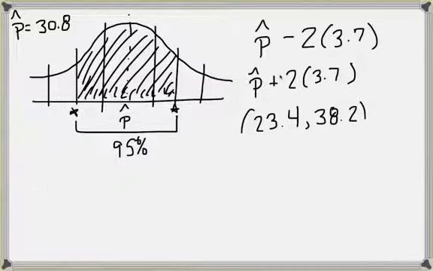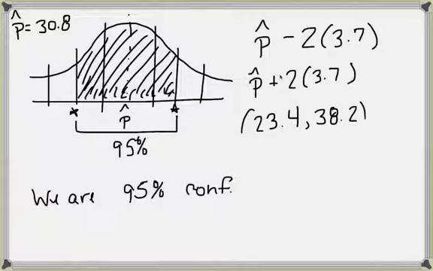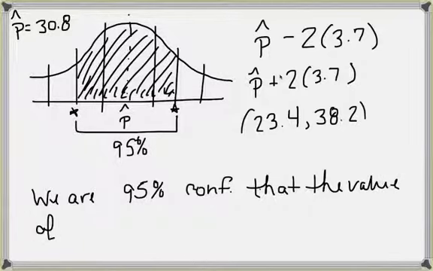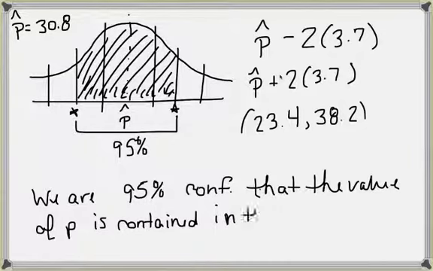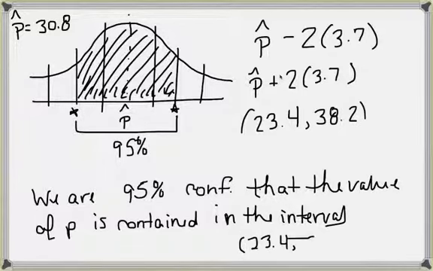So what we're saying with this is we are 95% confident that the value of p is contained in the interval from 23.4 to 38.2%.